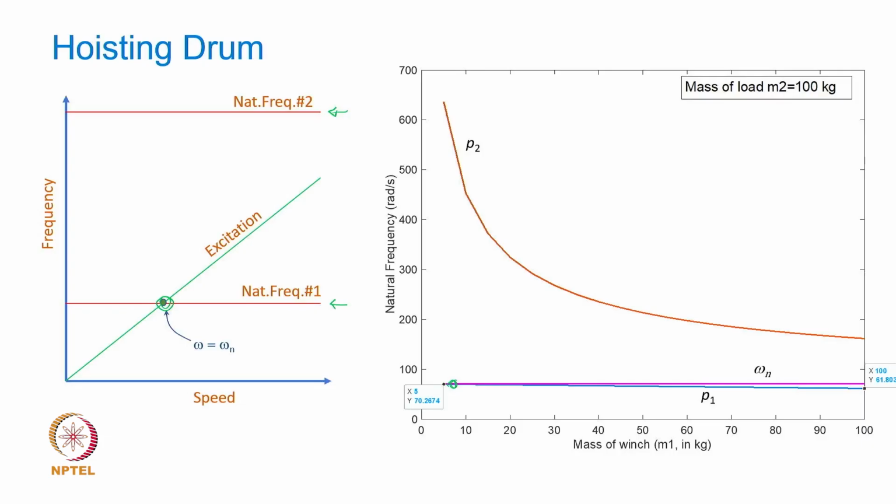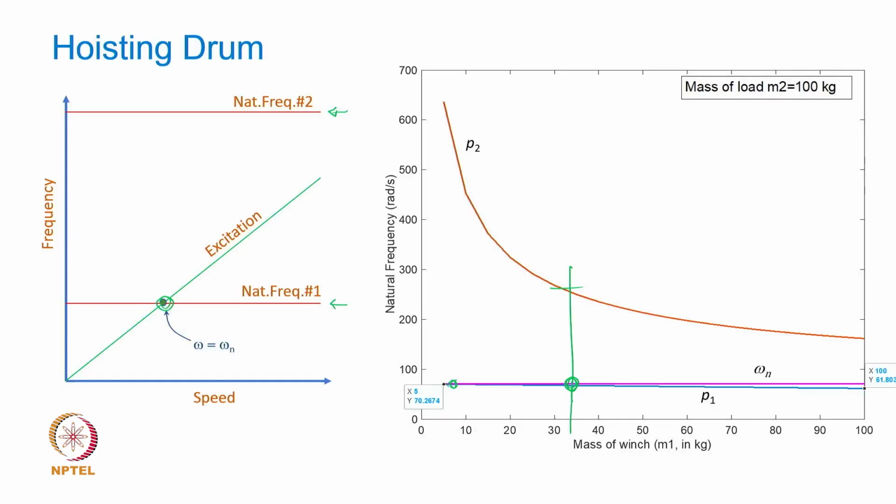Okay. Now even if your mass is sizable, right, maybe 1/3 of the mass, you still are far off, maybe 3 to 4 times away in the second natural frequency, right?